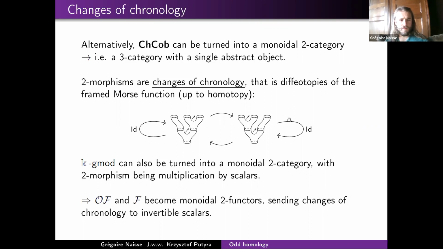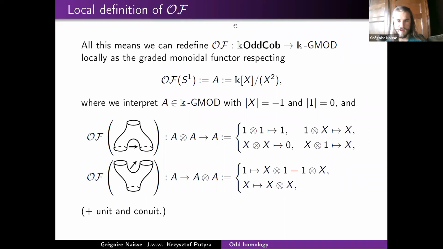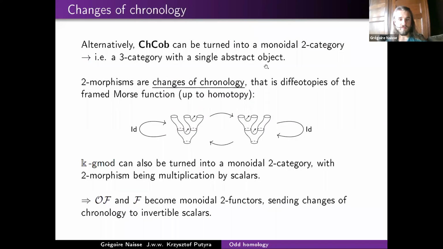Good. I think it's kind of cool to know that it exists. But I will mainly use this category of odd cobordism because I think it's a bit simpler to use for most things.